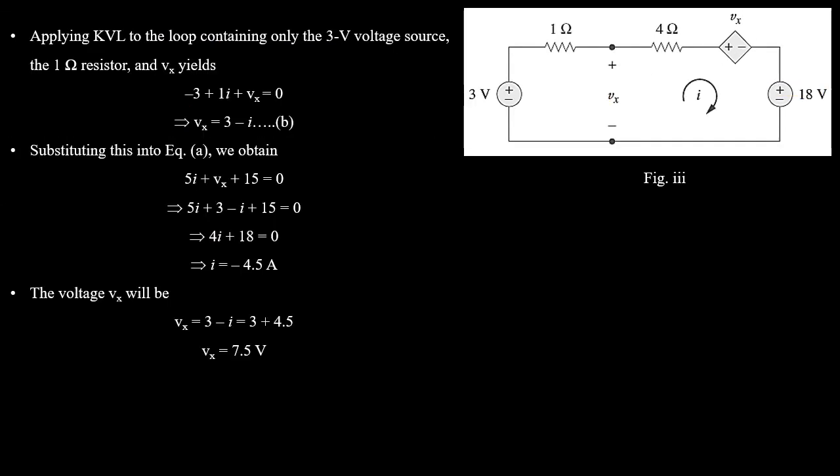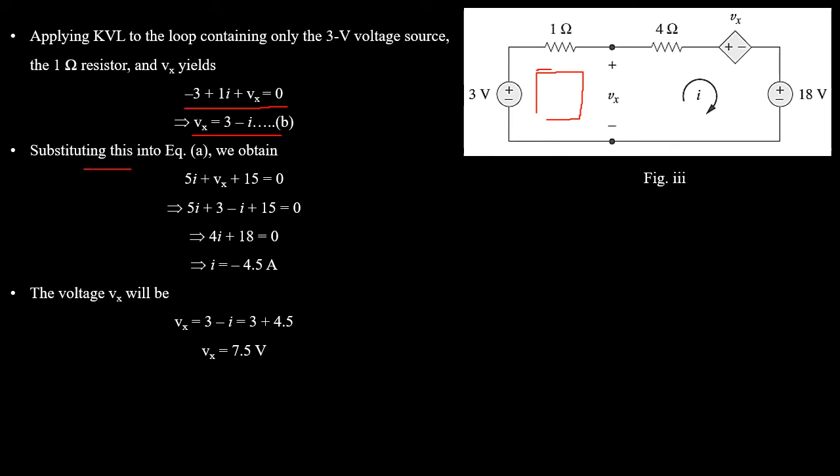Now if we apply KVL to the loop containing the 3 volt voltage source, a 1 ohm resistor, and the terminals having Vx voltage, it will give us the equation minus 3 plus 1i plus Vx equals 0, or Vx will be equal to 3 minus i.